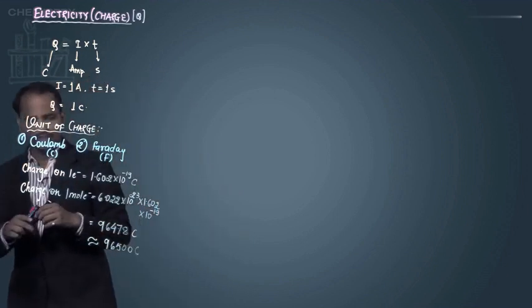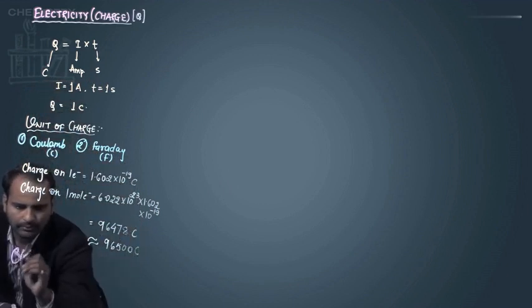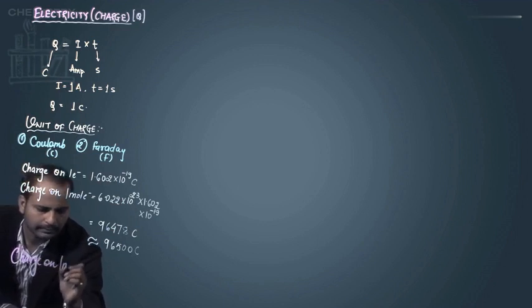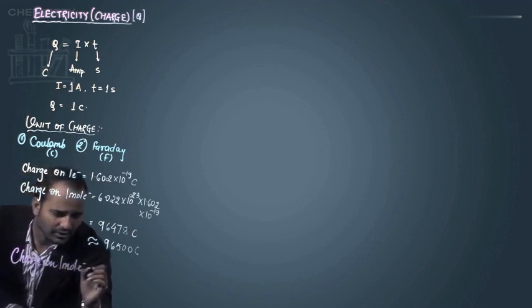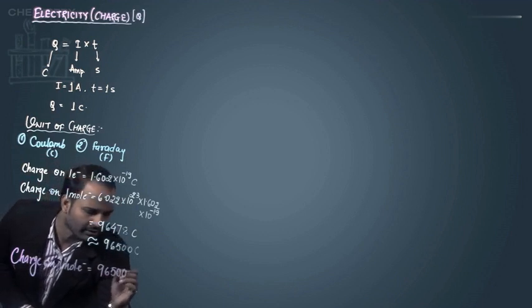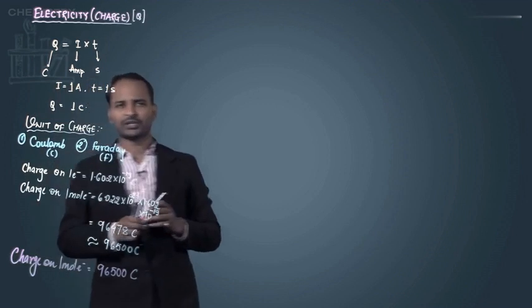So here is a very important statement: the charge on 1 mole of electrons is equal to 96,500 coulombs. This is a very important relation with the Faraday.